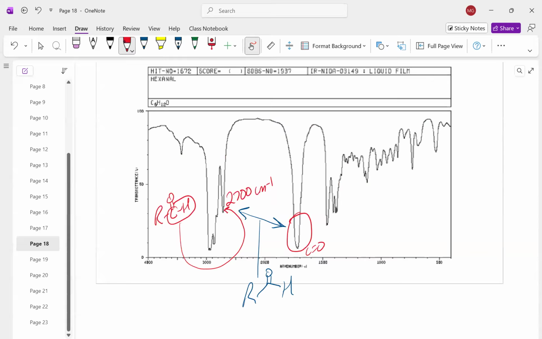If there was an sp2 signal past 3000 right there, that refers to an sp2 carbon hydrogen. I don't see that here, so I probably don't have any double bonds. And again, there's no carbon-carbon double bonds or no carbon-carbon triple bonds. And so that's one of the major ways, or kind of the only way, to distinguish between an aldehyde and a ketone.